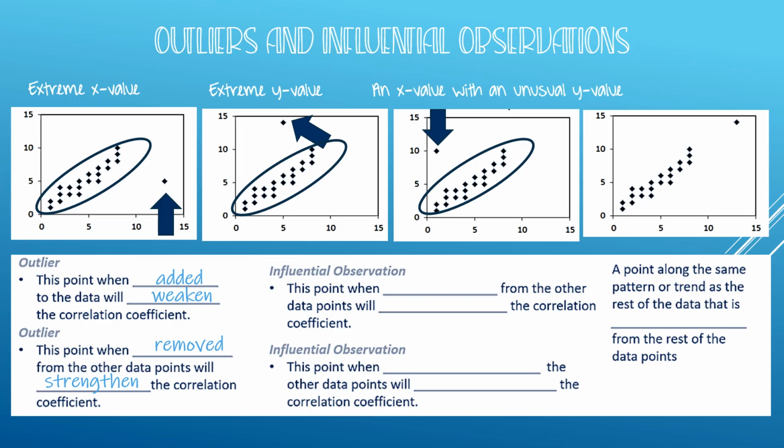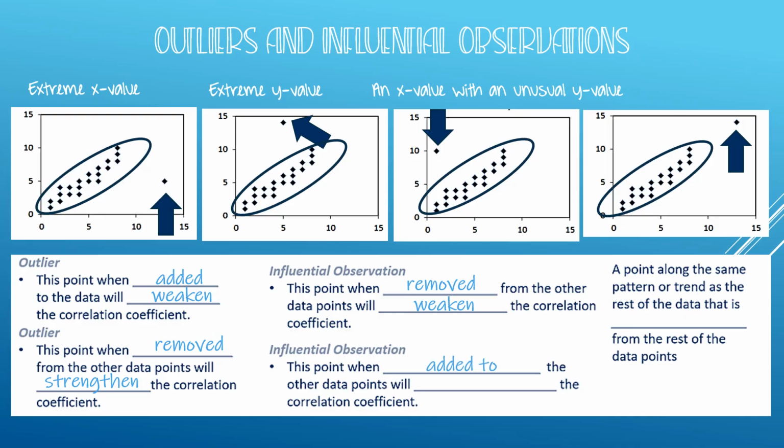It's not in the general trend of the data, so that would definitely alter the linear regression equation and the strength of the correlation coefficient. Now look at that point. It is within or in line with the general trend of the data. So this point, an influential observation, when removed from the other data points, is going to weaken the correlation coefficient.